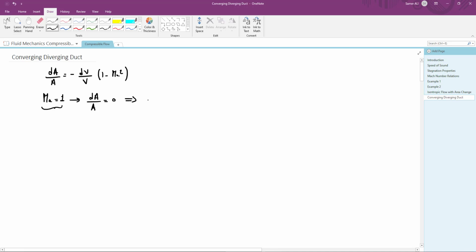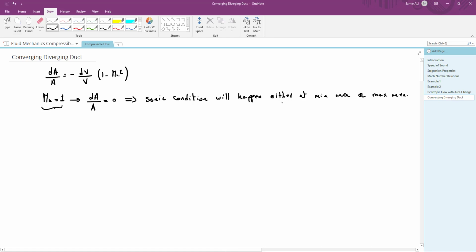So let's write this down. The sonic condition will happen either at minimum area or the maximum area.